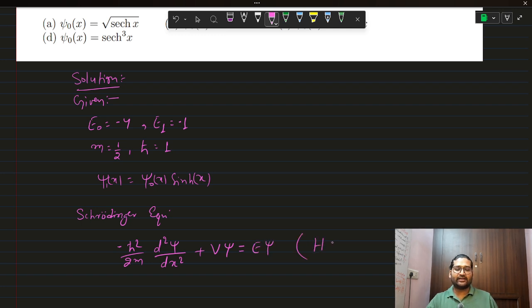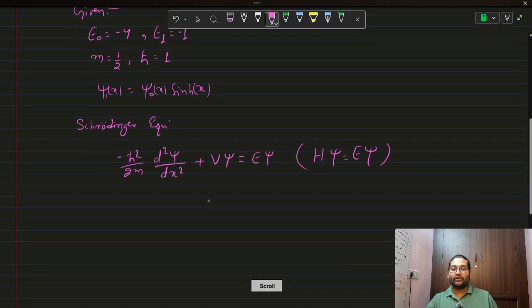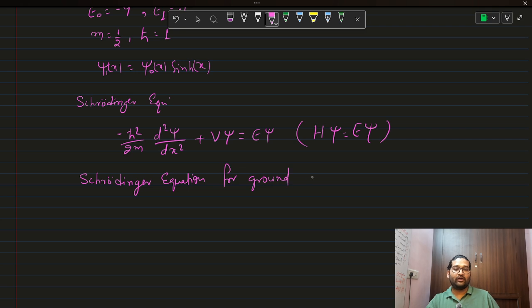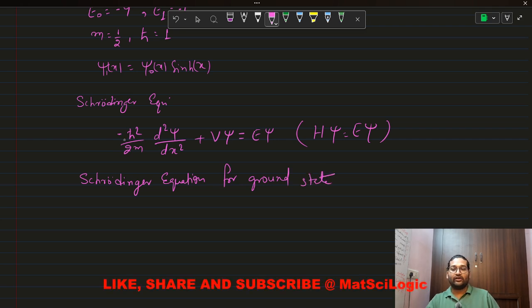It is like H psi equal to E psi, where the Hamiltonian is minus h cut square by twice m d2 upon dx square plus V. Now we write the Schrödinger equation for the ground state. The value of h cut is 1 and m is equal to 1 by 2, so this will cancel out and the whole factor becomes 1.